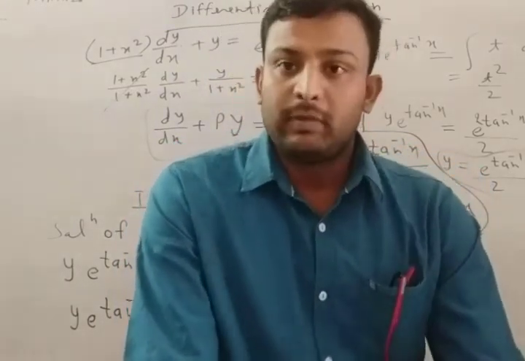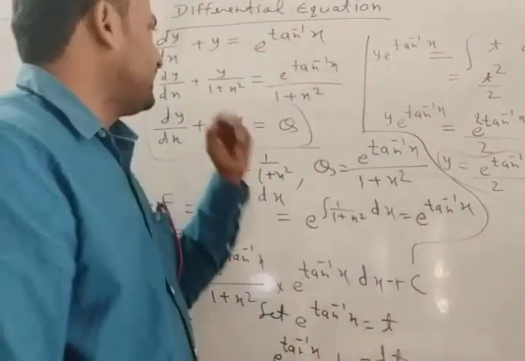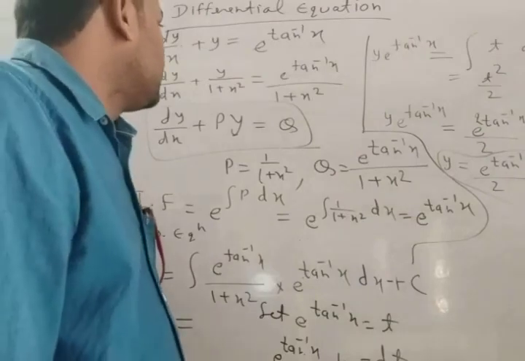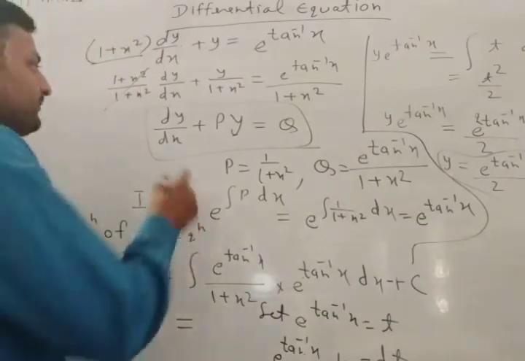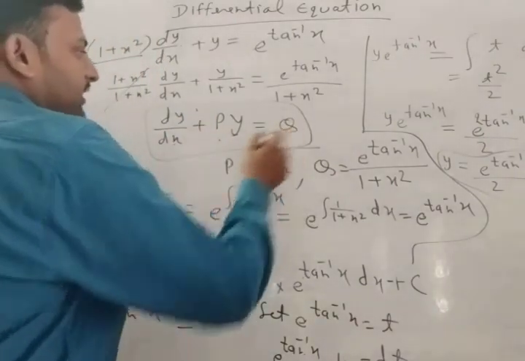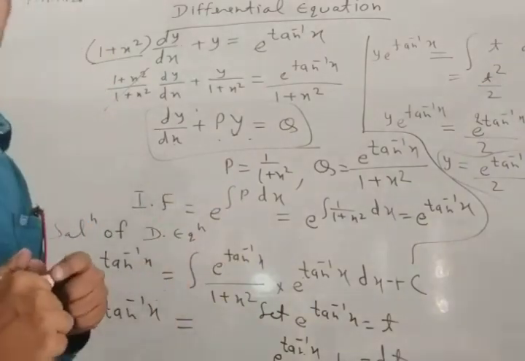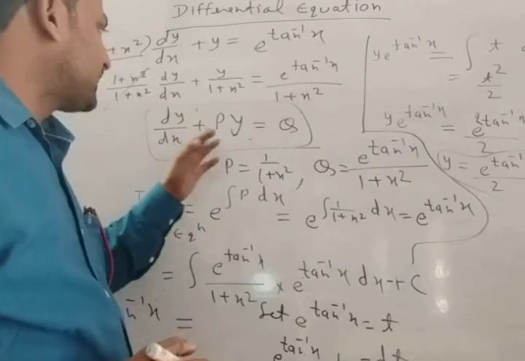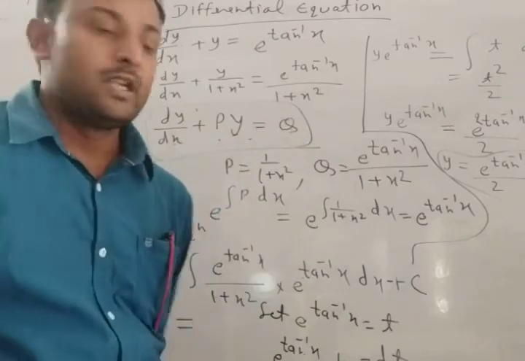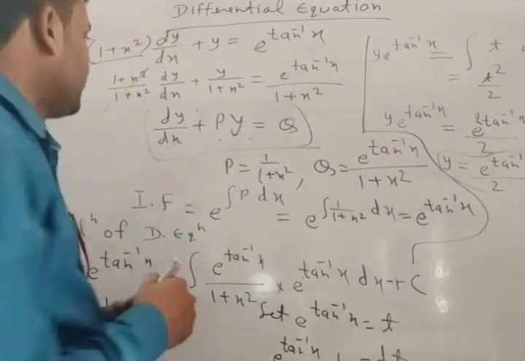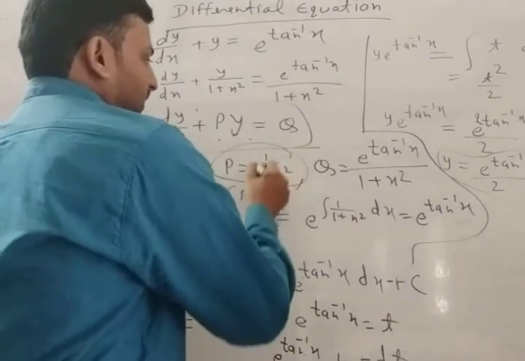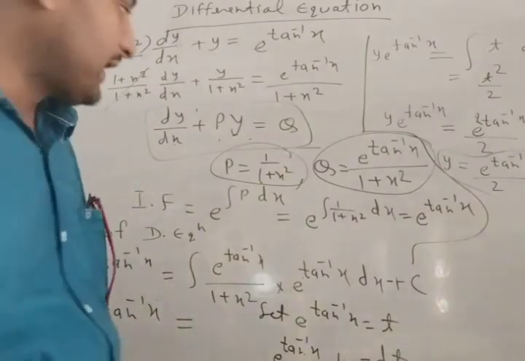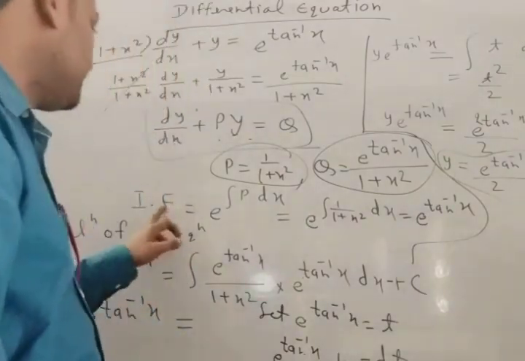Okay, and the third method is the linear differential equation method. In this method we first write the differential equation in the form dy by dx plus py is equal to q. If our differential equation is of this form, then we first identify p and q, and after this we find our integrating factor.